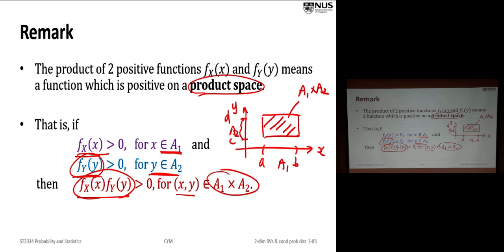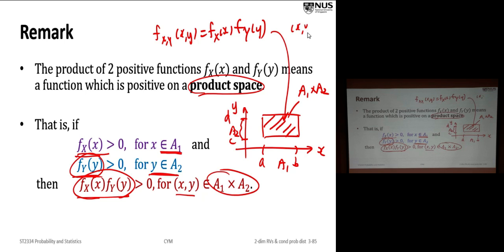A1 is part of the real line, A2 is part of the real line, so the product space will be a rectangle. In other words, the above definition, f of xy equal to f of x times f of y, is true for all xy in the product space A1 times A2. If A1 is the real line and A2 is the real line, then the product space will be the R2 plane.